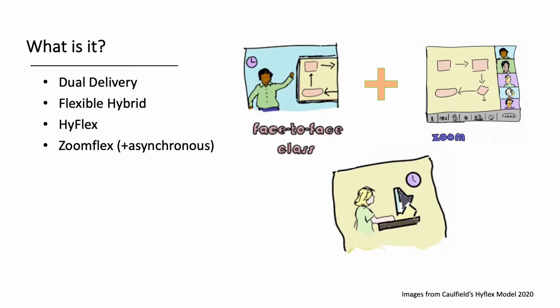And you can even add another layer if you allow students to attend class remotely and asynchronously. And at the same time, all of these delivery modalities are flexible because students are able to choose their preferred method of attendance depending on their own individual circumstances.